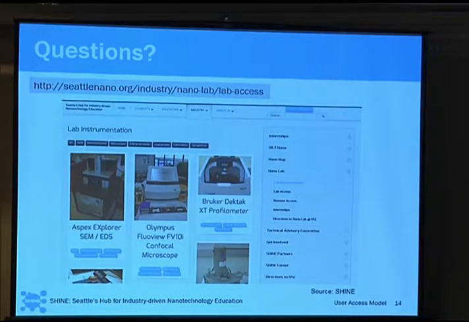We did do some fairly substantial maintenance on the SEM this fiscal year, and the total came to less than half of that yearly service contract. So based on those results, we don't plan on purchasing service contracts for the rest of the instruments, and we'll just do repairs and replacements as needed.